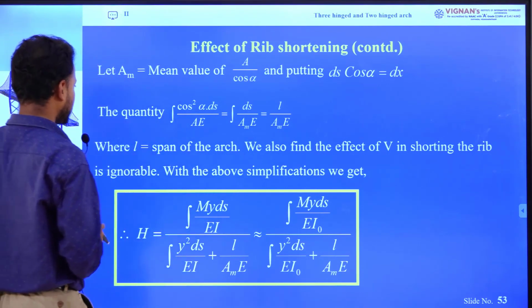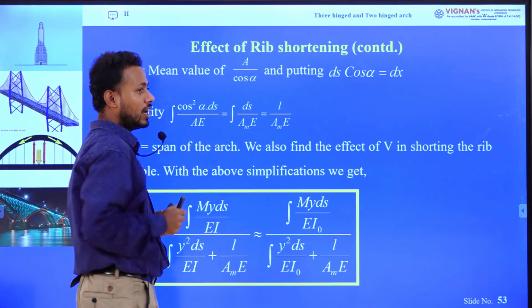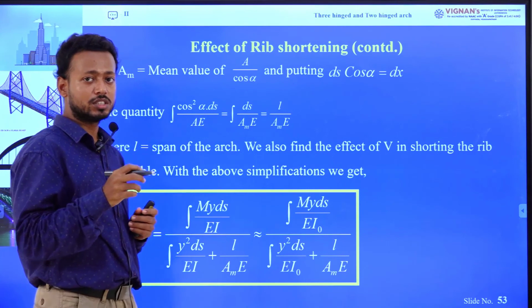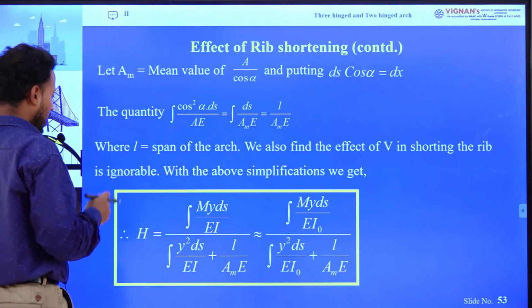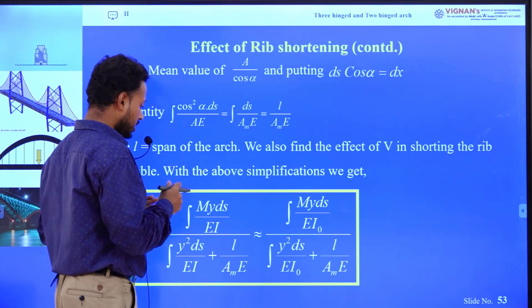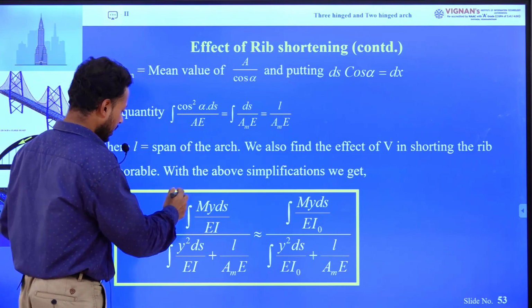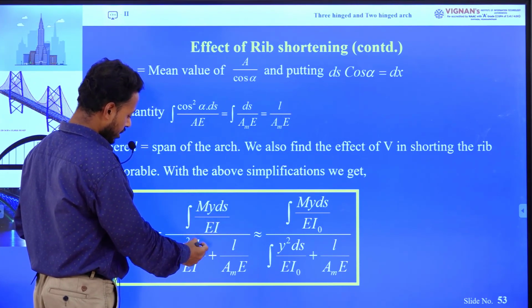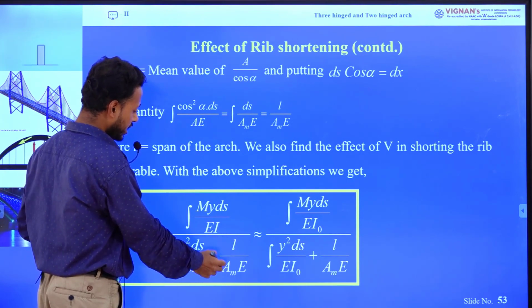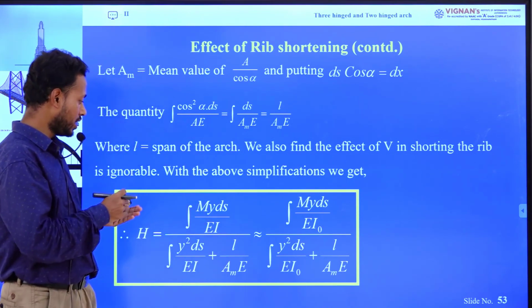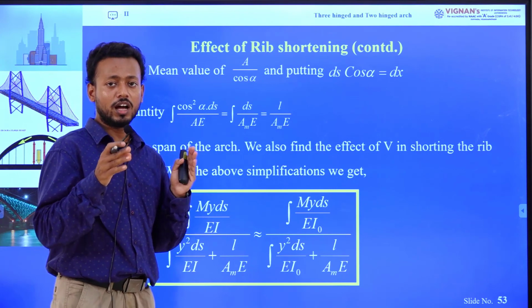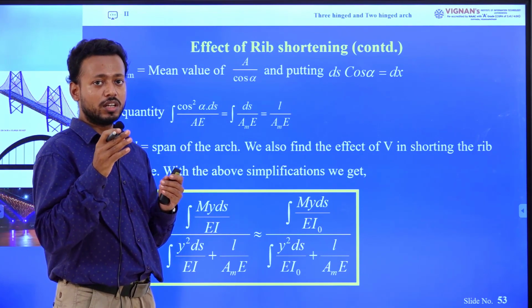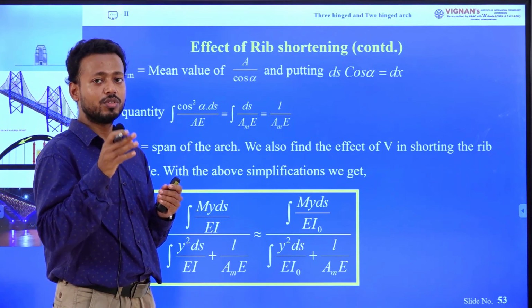When the normal thrust is acting in the girder, we have derived the change of thrust, and the final horizontal thrust will be integration My ds by EI divided by integration y square ds by EI plus L by AME. In this way we can calculate the final horizontal thrust after the effect of normal thrust.